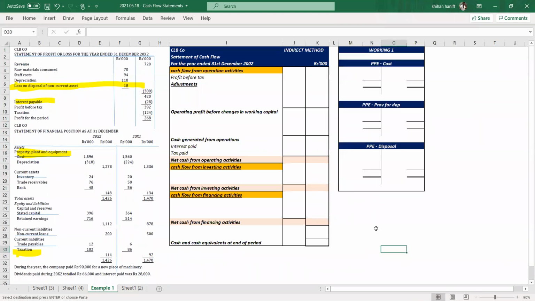Right. Working one, PPE cost and PPE provision for depreciation and the disposal. Three ledger accounts.